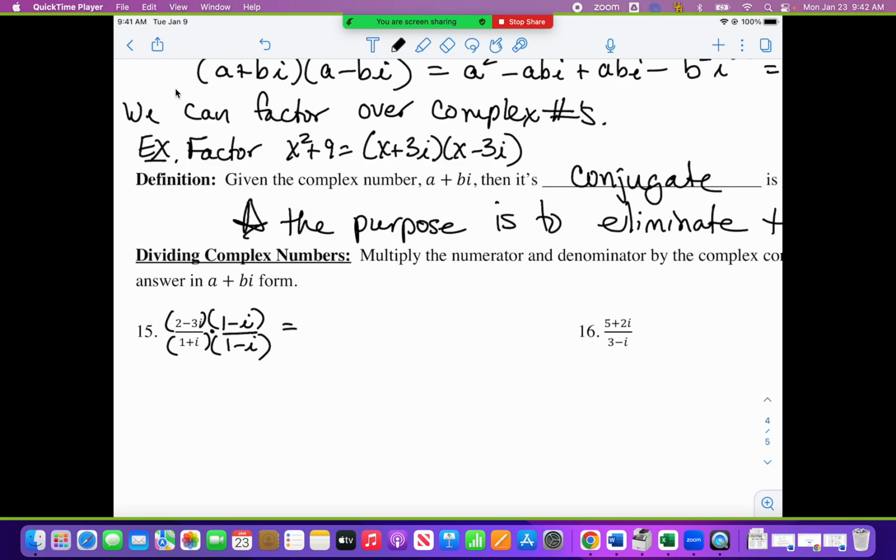I'm going to FOIL the numerator and I'm going to FOIL the denominator. So I get 2 minus 2i minus 3i plus 3i squared. Down in the denominator, I'm going to FOIL and get 1 minus i plus i minus i squared.